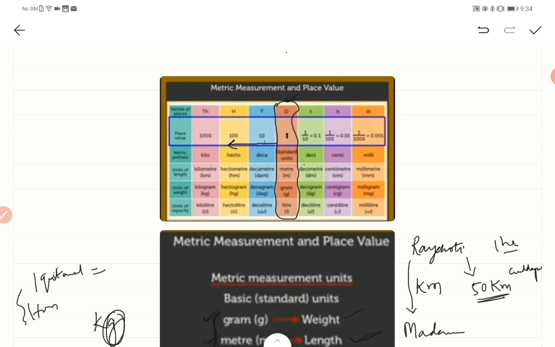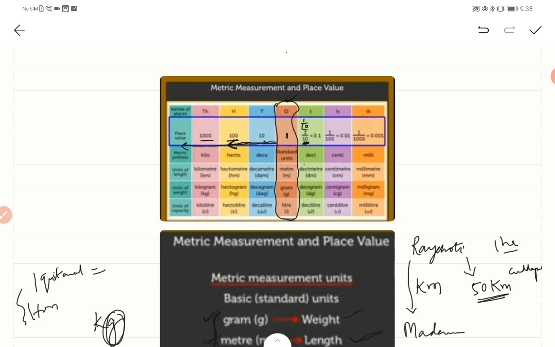Okay, this is 10, and this 10 is again multiplied by 10, so it becomes 100. This 100 is again multiplied by 10, it has become 1,000. So from the standard units, as you move from right to left, it is increasing. When you come from right to left, here we are multiplying, and on this side it is divided by 1 by 10.